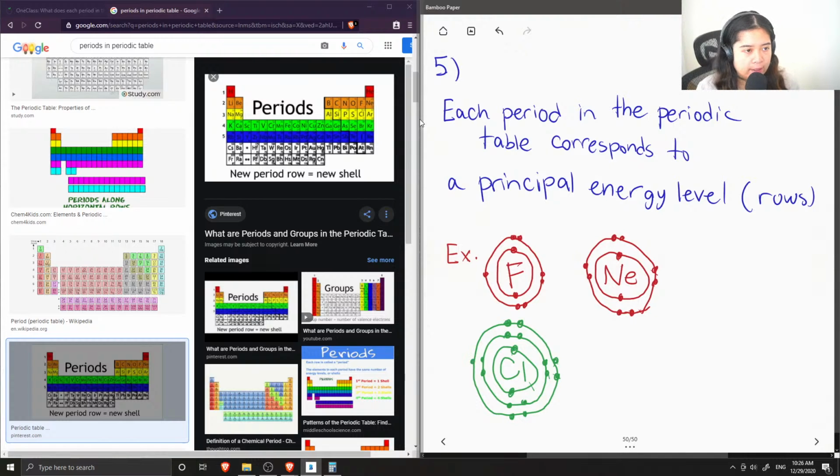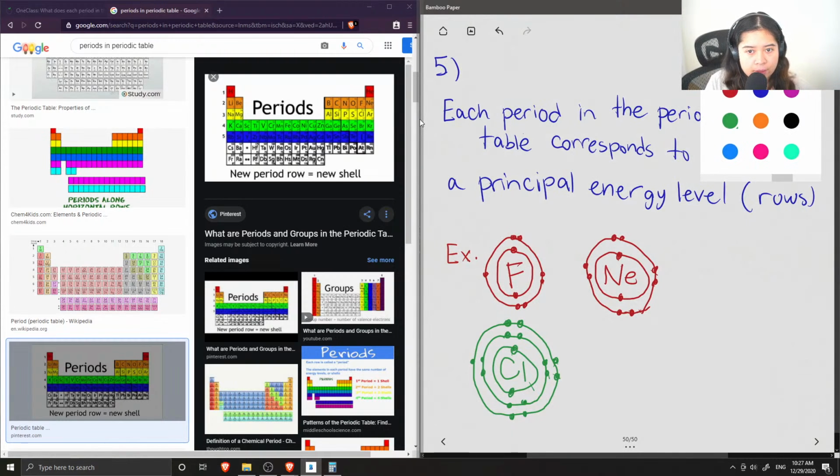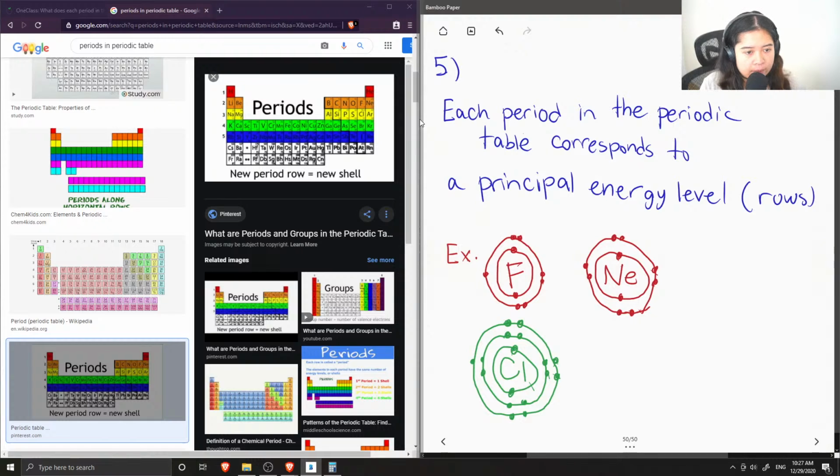But notice that it is a row below fluorine, but they have the same number of valence electrons. So that's what this definition means, where each period in the periodic table corresponds to a principal energy level, which are the rows. So we can write the principal energy level of fluorine as N is equal to 2, neon N is equal to 2, and for chlorine N is equal to 3.